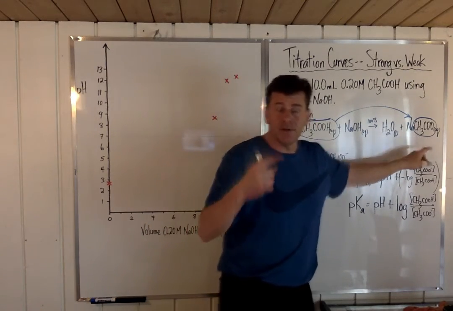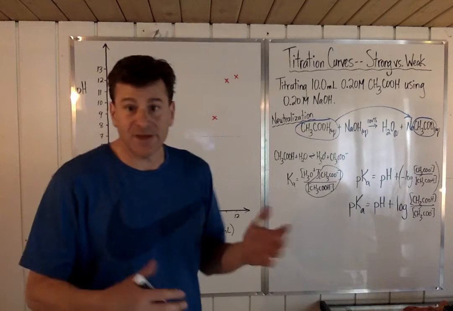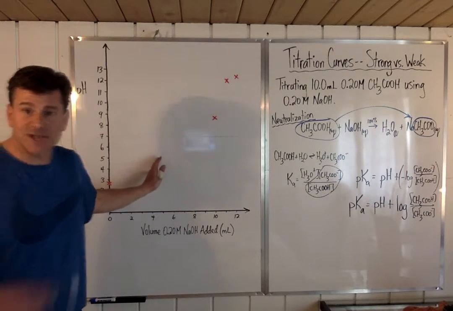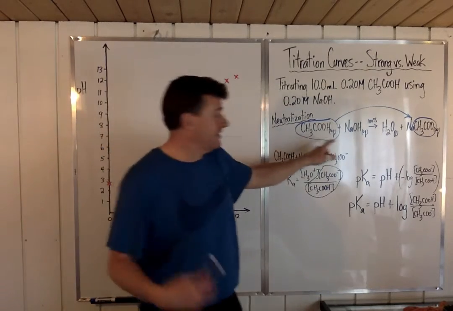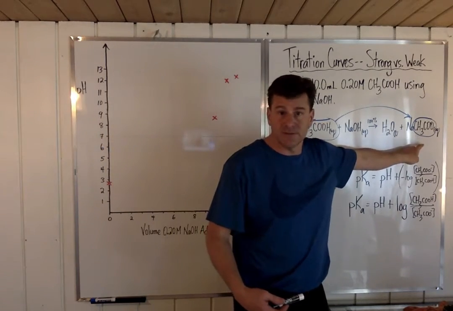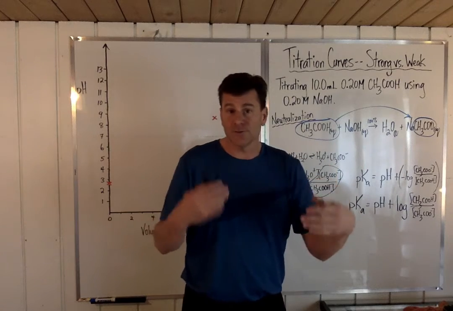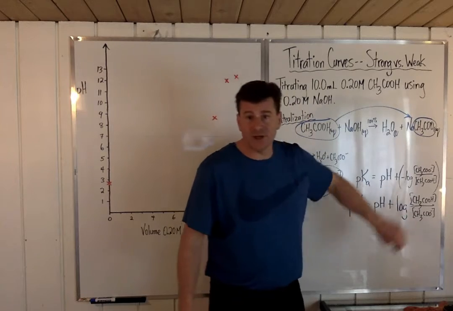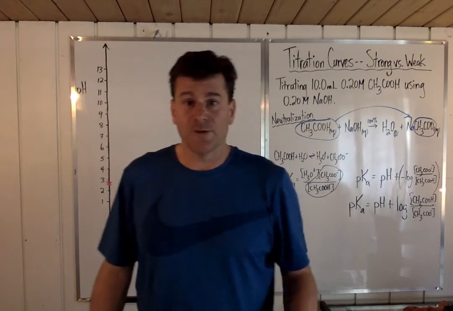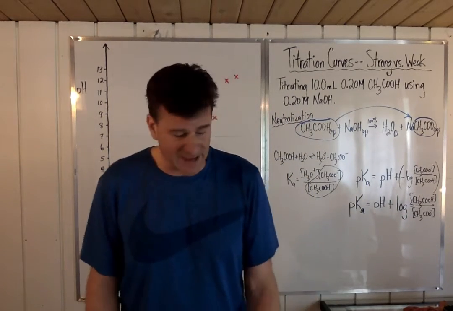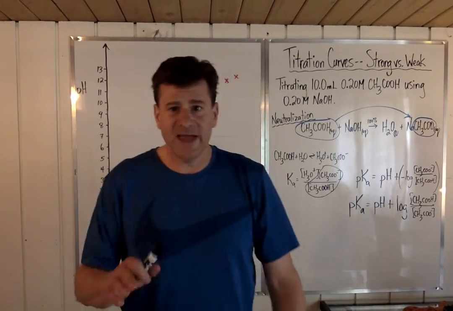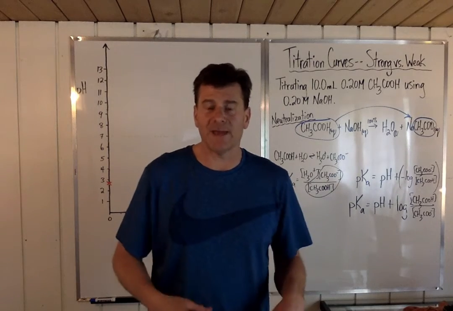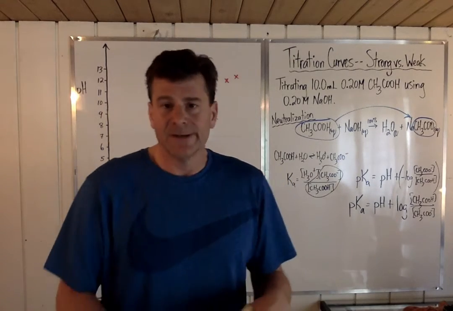So I asked, after X milliliters of sodium hydroxide, how much of this has reacted and how much of that has been produced? I put those concentrations into this ratio and solved for the pH of the solution. The Henderson-Hasselbalch equation is not really part of Chem 12, but I'm just describing how I arrived at these values.